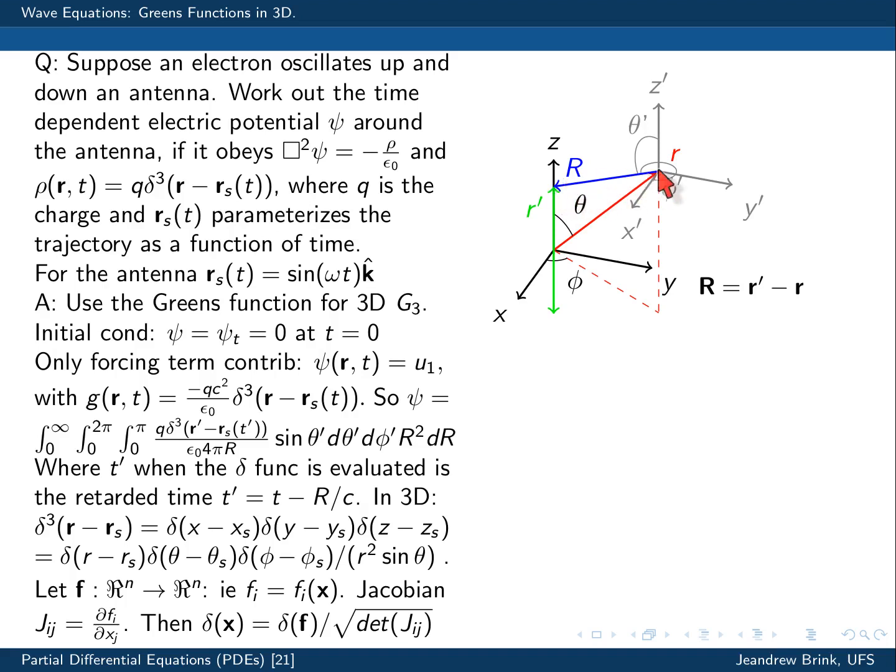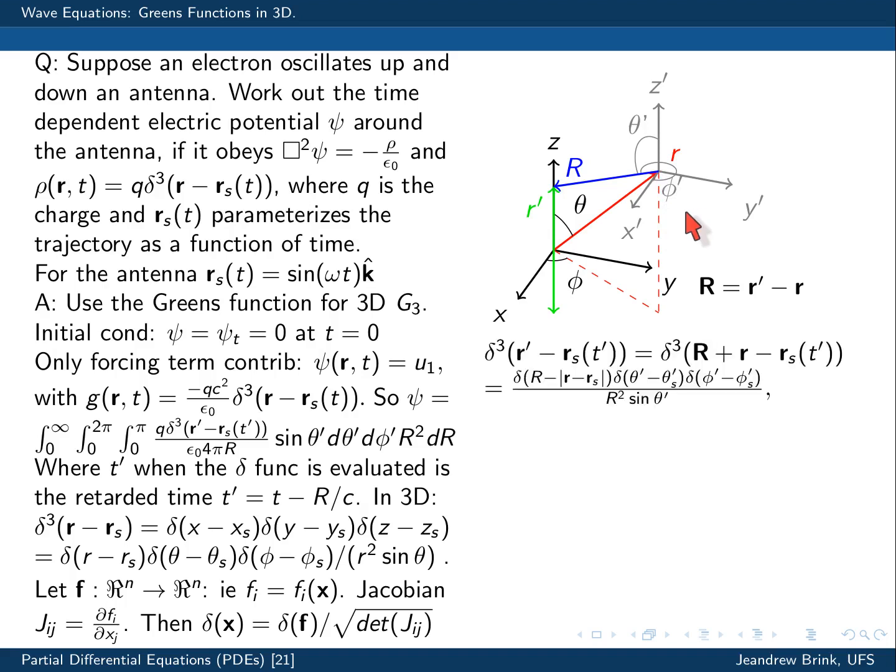So in order to evaluate our Green's function, we choose the coordinate system that we integrate over to be centered at r. Okay, so let's just write that down. And once we've chosen this coordinate system, we want to evaluate this integral over here.